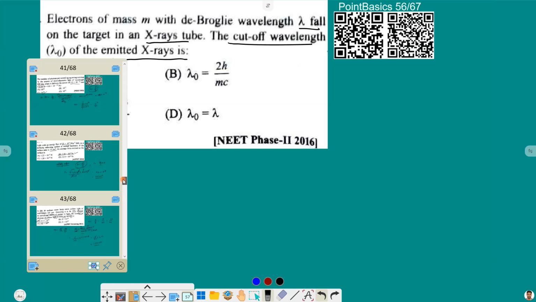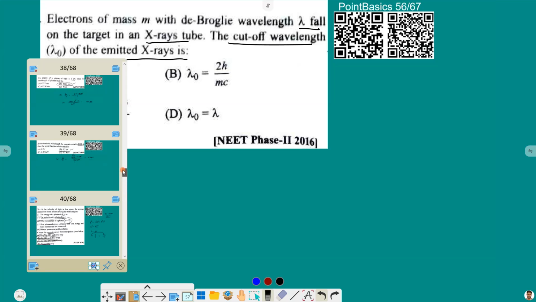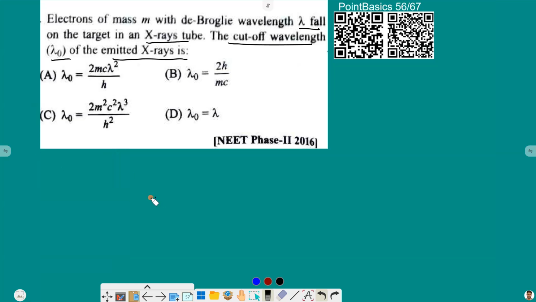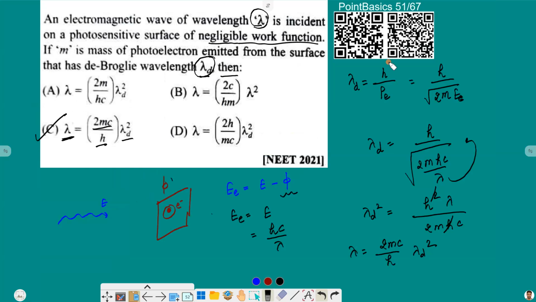Let me pause the video and find the question. So this is the question, question number 51, and we have already solved this one. And here lambda was the wavelength of the photon and lambda d was the wavelength of the electron.